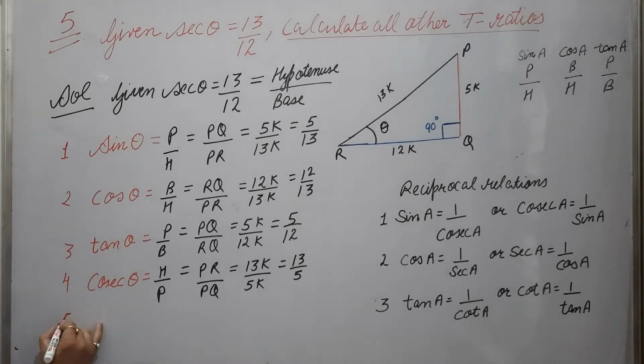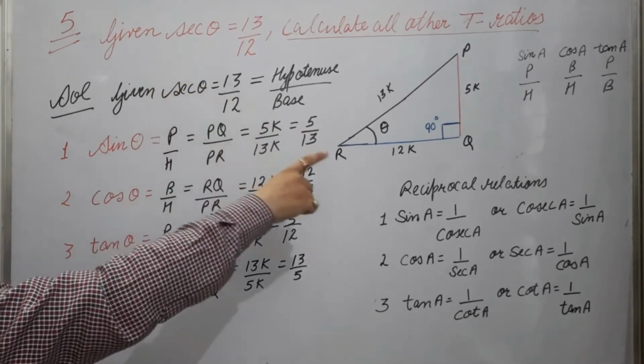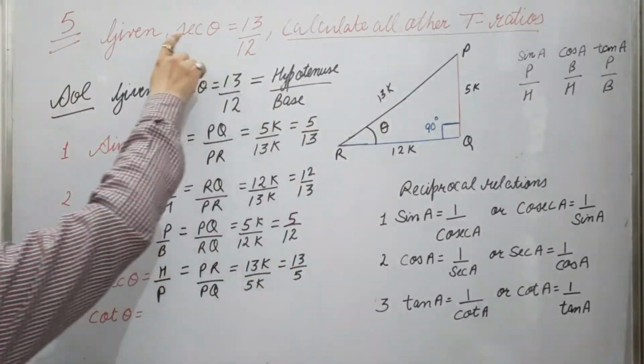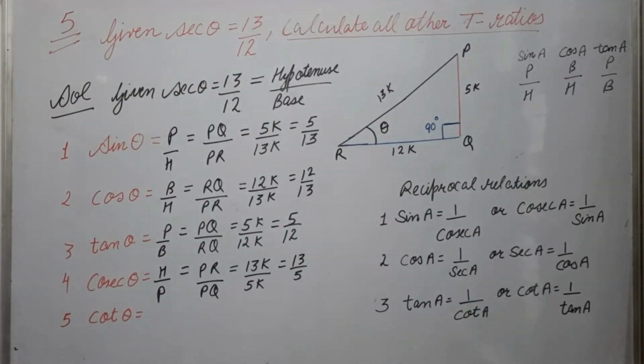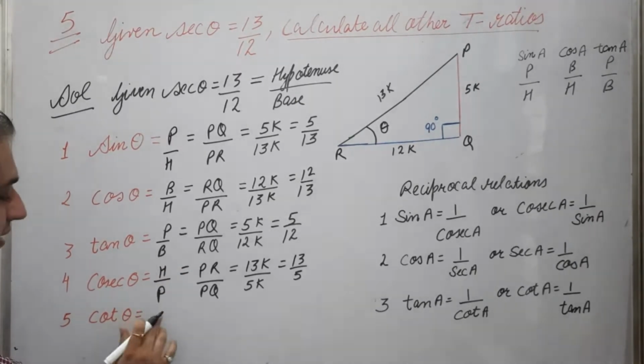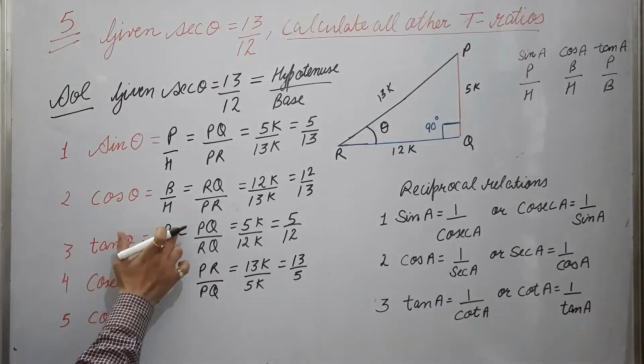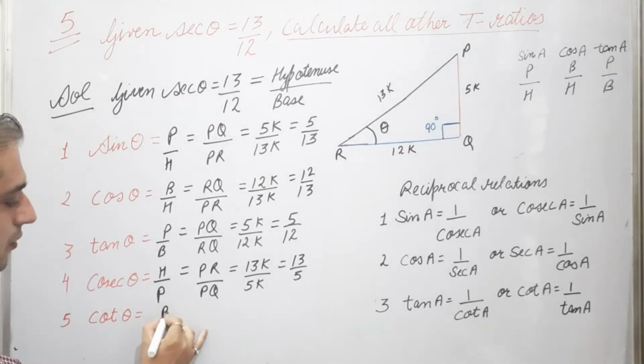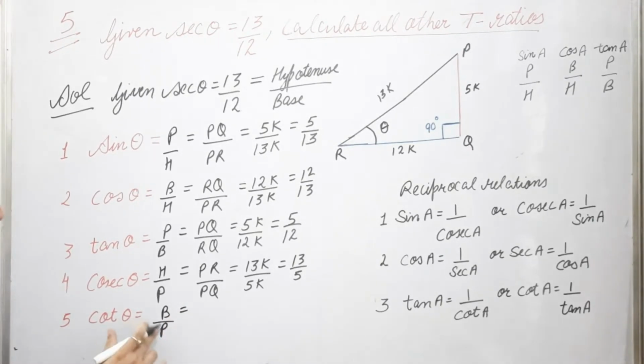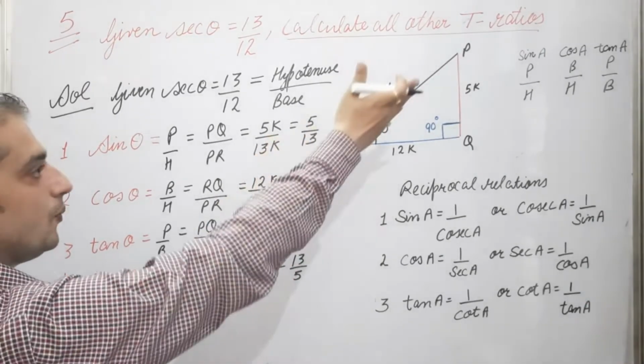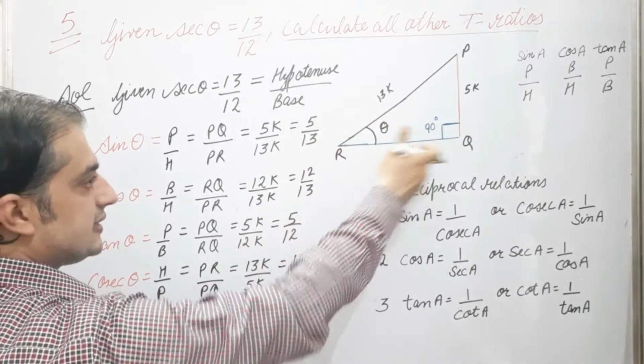And the last is cotangent of angle theta, because we have to find the T ratios for angle theta, and one of the T ratios is given. If one of the T ratios of an acute angle in a right angle triangle is given, you can find the remaining T ratios very easily. So cotangent theta is the reciprocal of tangent. Tangent is perpendicular upon base, so now it will become base upon perpendicular. The side opposite is perpendicular, the side adjacent is base.